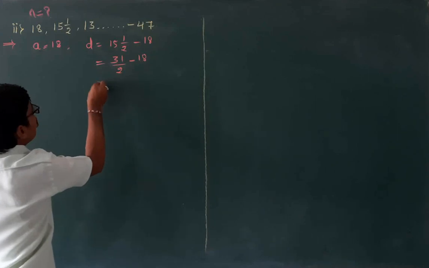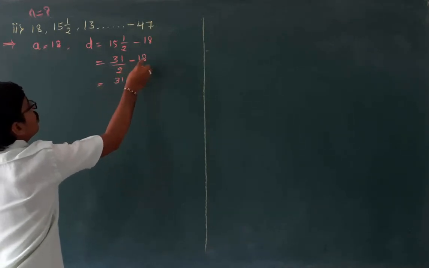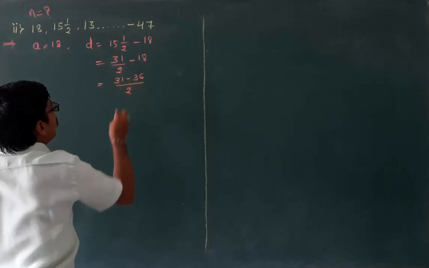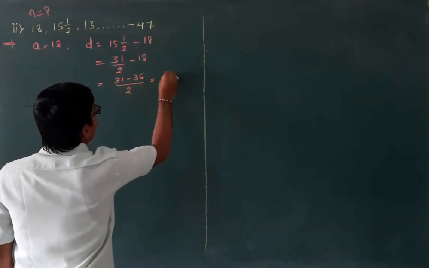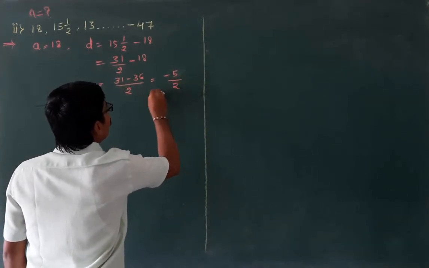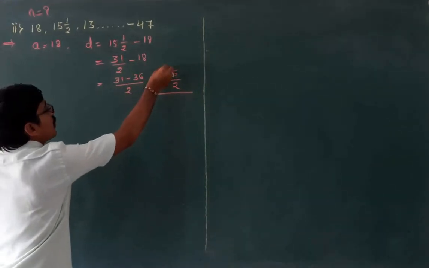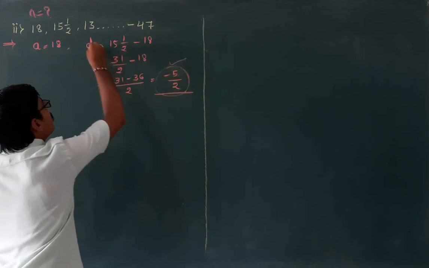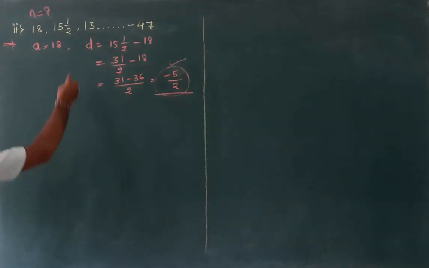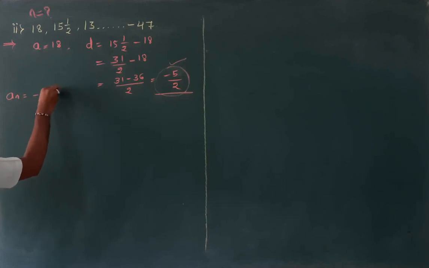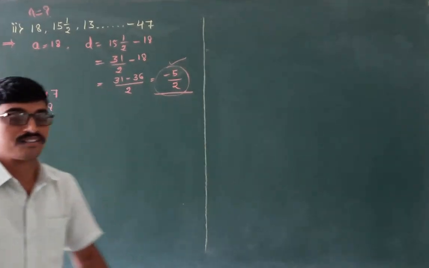In simplest form, 18 times 2 is 36, so 31 minus 36 divided by 2, which is equal to minus 5 by 2. Minus 5 by 2 is the value of d. So the nth term is given here, an is equal to minus 47. Then what is asked? n is equal to question mark. Number of terms is asked.